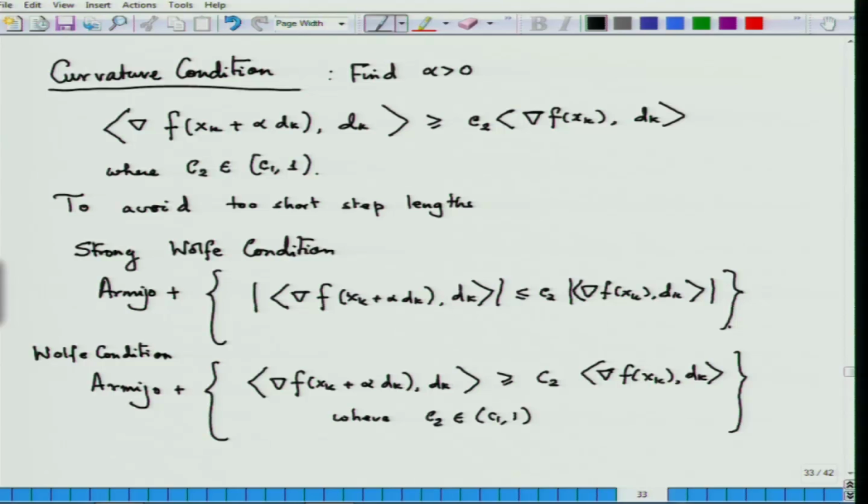Now we will show that if we consider the Wolfe condition, then there exist intervals of alpha which satisfy both these conditions, under a very mild condition.